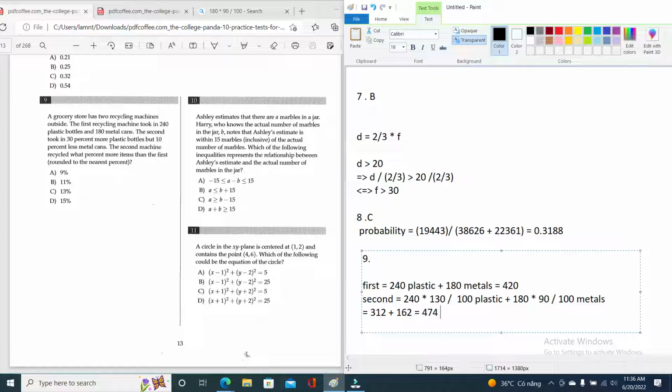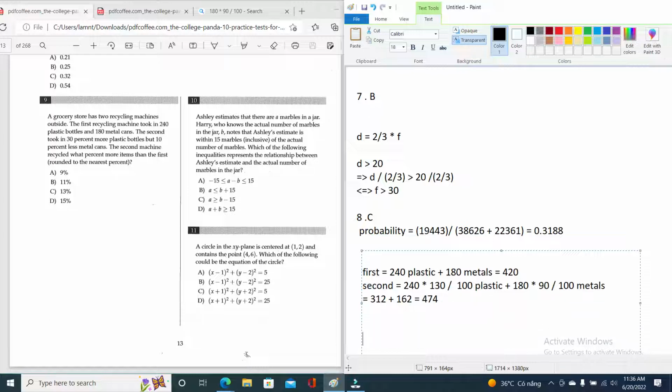Alright, so the percentage more is going to be equal to 474 minus 420, all over 420, and we multiply by 100%.